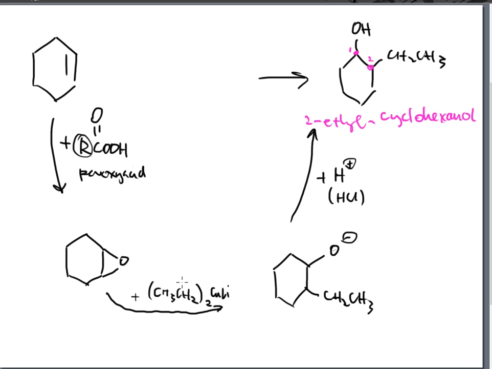That Gilman reagent will then supply the needed alkyl group in the form of a nucleophile to break open the epoxide ring, forming a negative oxygen and an alkylated ring at this point. That negative oxygen will now be protonated through the use of hydrochloric acid, and that hydrogen will satisfy that negative on the oxygen to form an alcohol. So I have taken cyclohexene and I have produced 2-methyl cyclohexanol in that synthesis route.